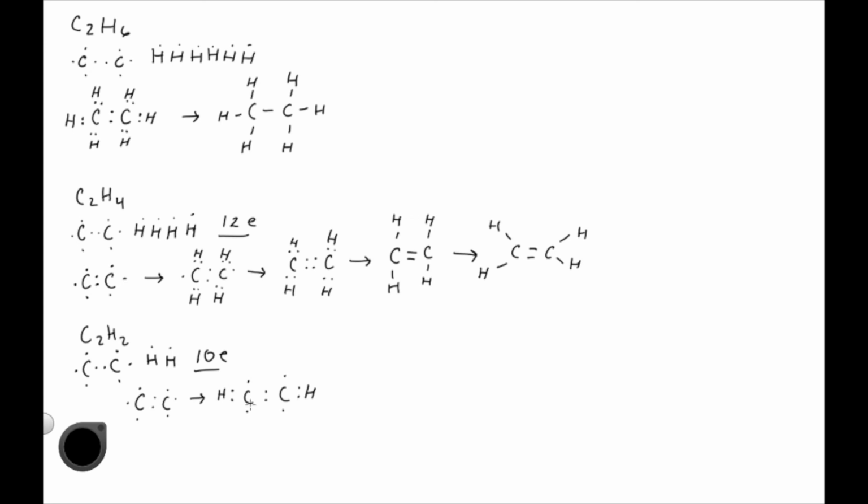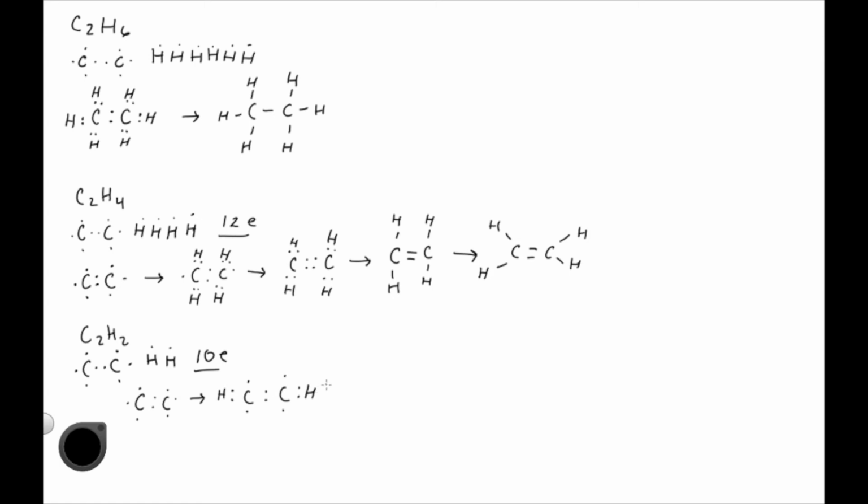So now for our last step, since we have some leftover unpaired electrons on the 2 carbons, we're going to pair them up so that each carbon achieves its octet. So we take these 2 electrons on each carbon and then we join them together so that they'll form a triple bond.